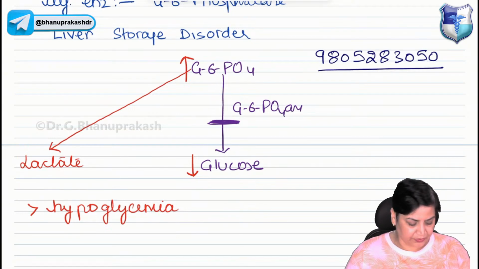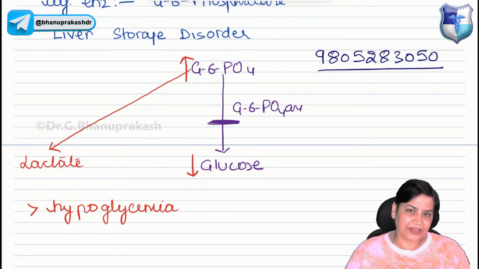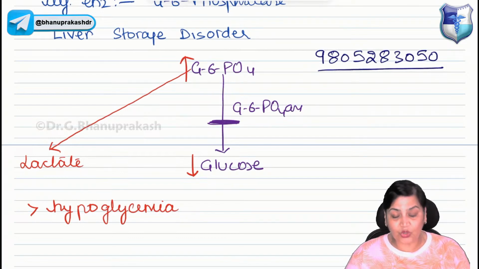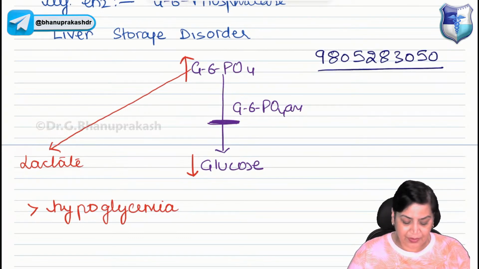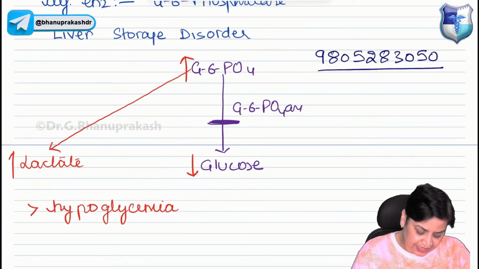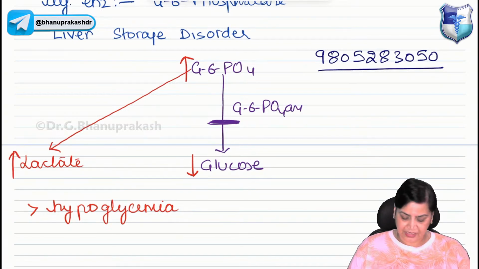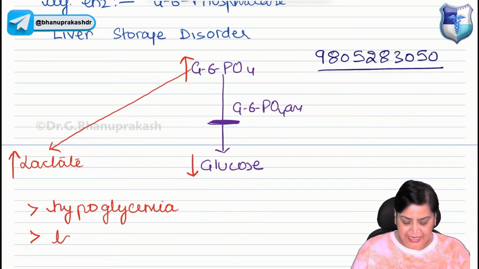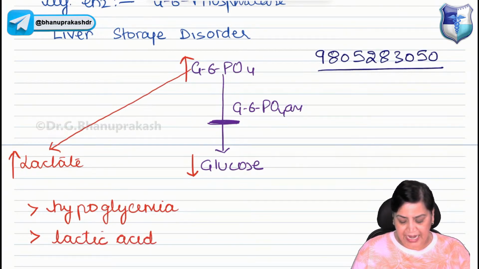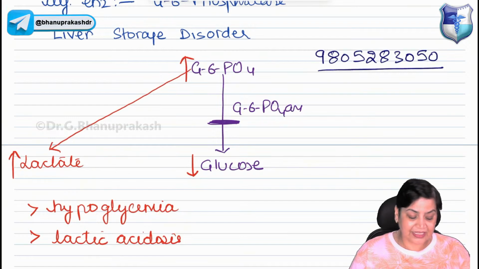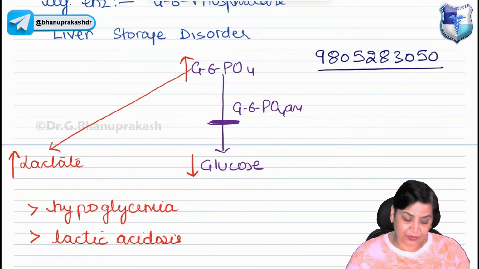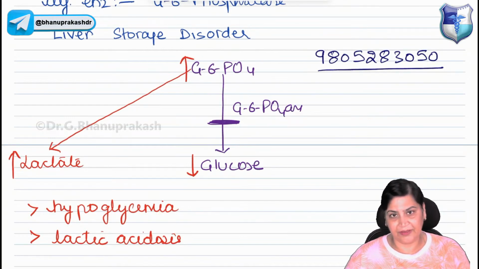Clear? So now coming over to the topic, if there is increased concentration of glucose 6 phosphate, it will be diverted to form lactic acid. So the concentration of lactic acid also increases, and it will lead to lactic acidosis. Lactic acidosis is that condition of the body when there is increased concentration of particularly lactic acid.